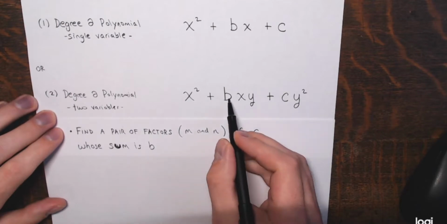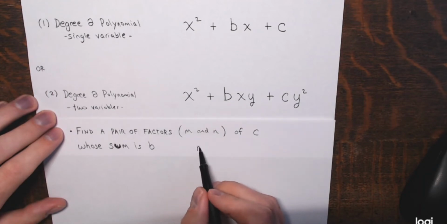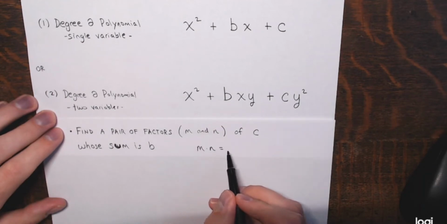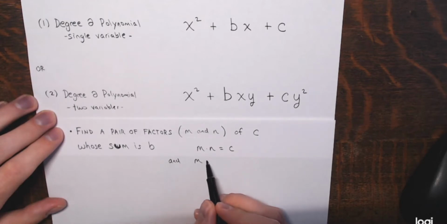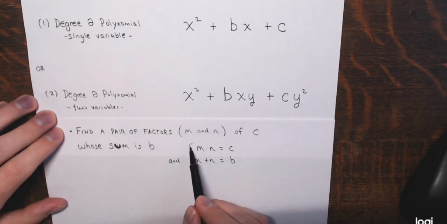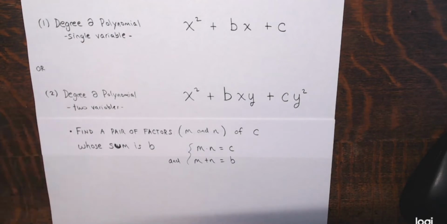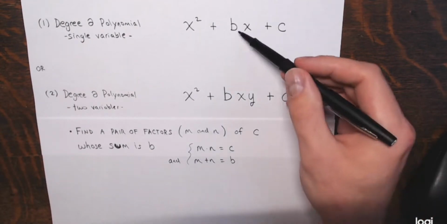The middle coefficient, the coefficient of the second term. So I want m times n to be equal to c, and at the same time m plus n to be equal to b, right?